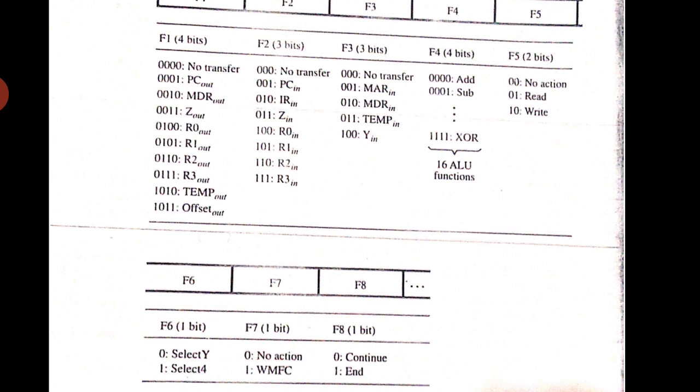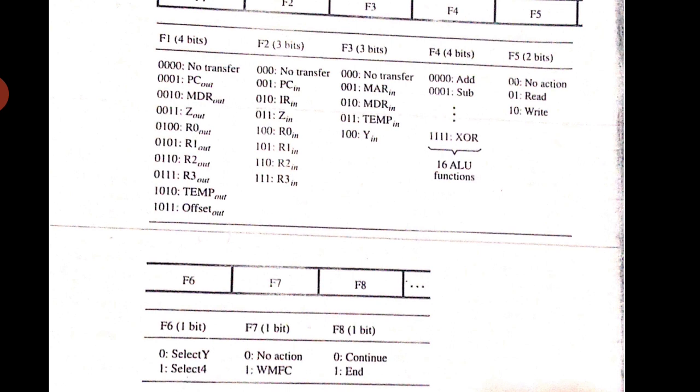For example, the all 0 pattern in F1 indicates that none of the registers that may be specified in this field should have its contents placed on the bus. It means no transfer.